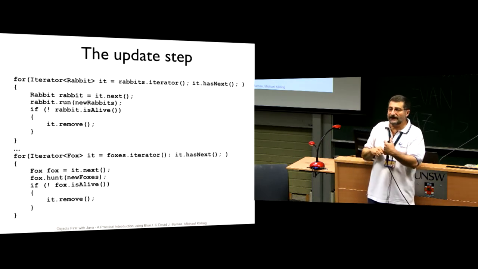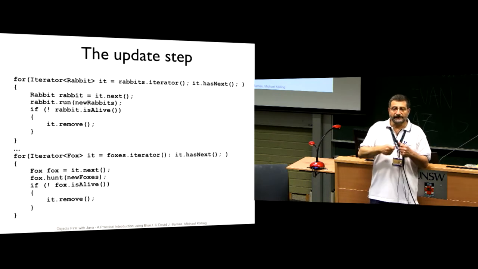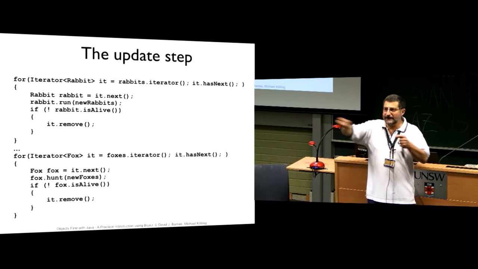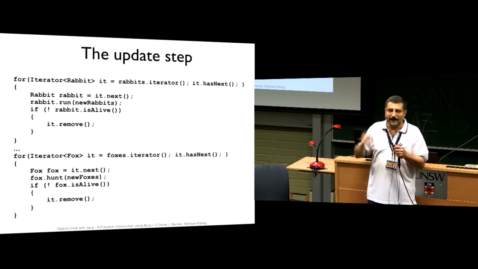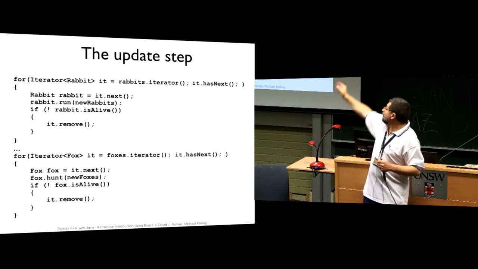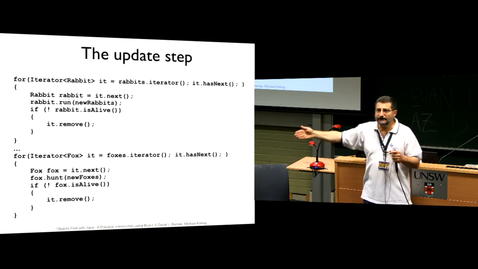And every time we say it.next, it's going to keep giving us the next thing in the list. So if it's an array list, and we ask for an iterator over the array list, then every time we do an it.next, it gives us the next one in the list.